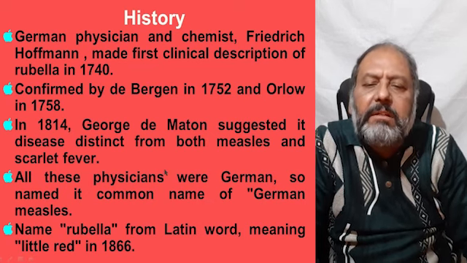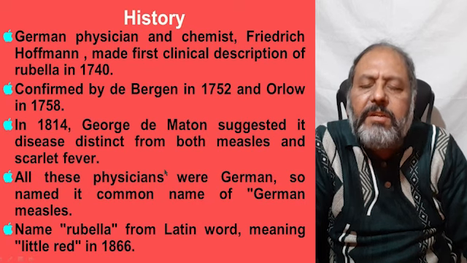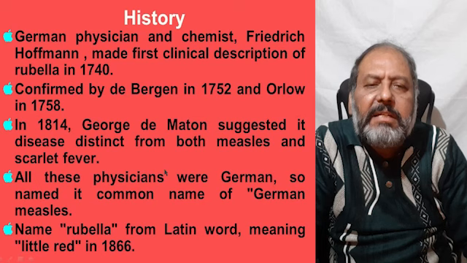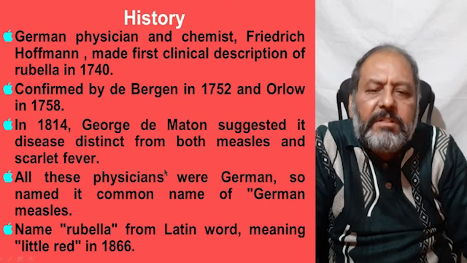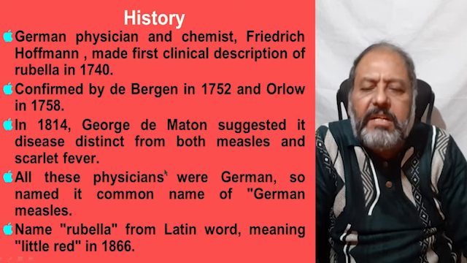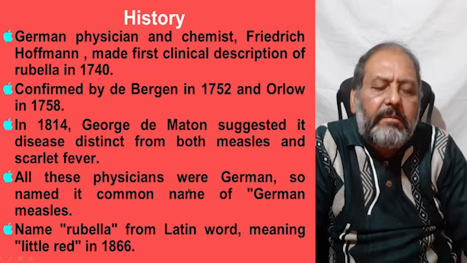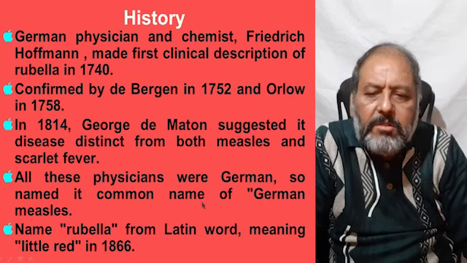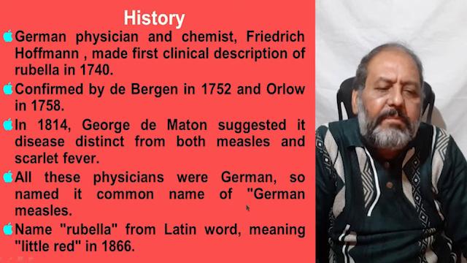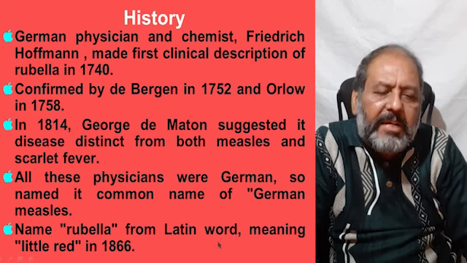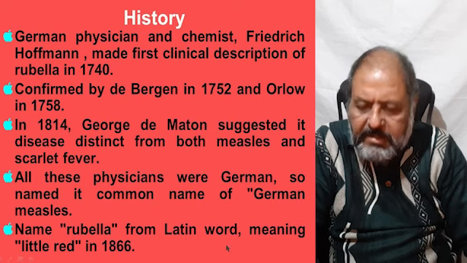In 1840, George de Maton suggested it was a disease distinct from both measles and scarlet fever. All these physicians were German, so it was given the common name German measles. The name rubella is from the Latin word meaning little red.